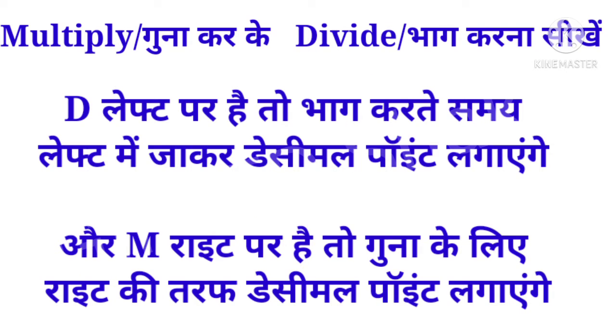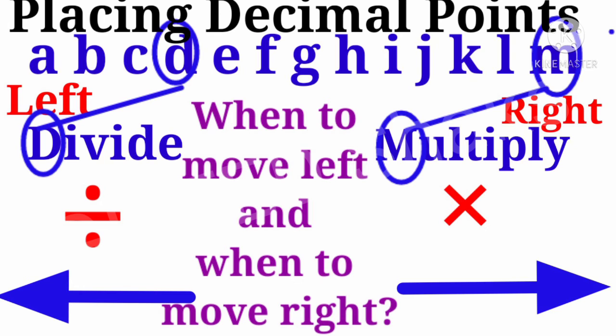Basically, before I start that, I would like you to understand when you move to your left when placing the decimals and when you move to your right. All in all, you have the alphabets A, B, C, D, E, F, G, H, I, J, K, L, M. Now you have D for divide, which is here, and M for multiply, which is here.